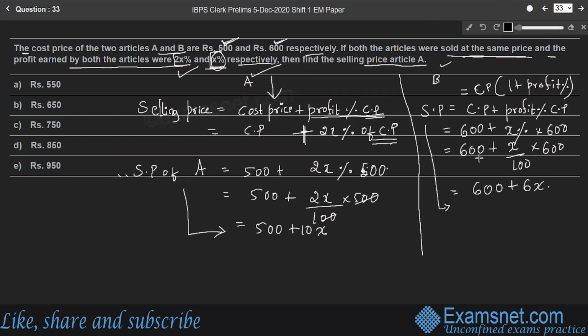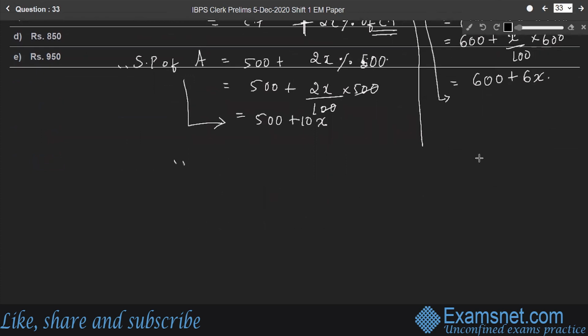So also it is given that selling price of article B and A are the same. So it is given that both the articles were sold at the same price, right? Therefore we can equate 500 plus 10x and 600 plus 6x, right?